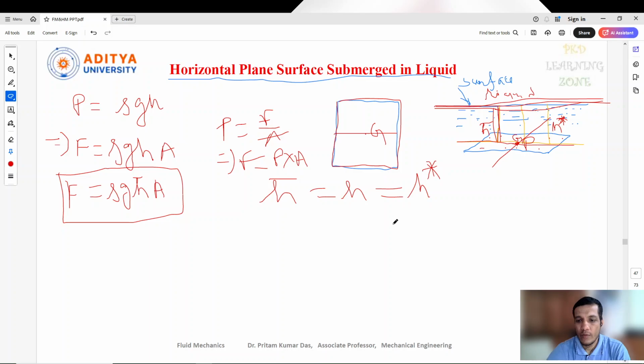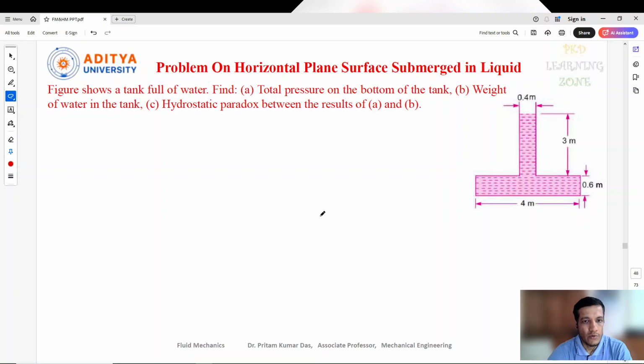So let's solve one problem related to this horizontal plane surface submerged in the liquid. The figure is given here and shows that the tank is full of water. This width is 0.4 and the total width is 4 meter, this height is 0.6, and from here to here 3 meter.